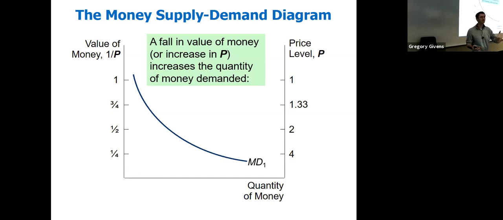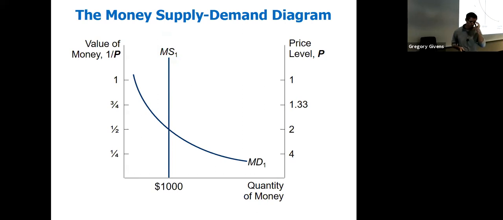When the price of the candy bar goes from $2 to $3, we need that extra dollar in order to consume one single candy bar, right? And so the quantity of money demanded is going to increase. So the demand curve for money here has the standard downward slope like we've seen in other examples in this class. That is no different, okay? The only difference really is that the supply curve is perfectly vertical.